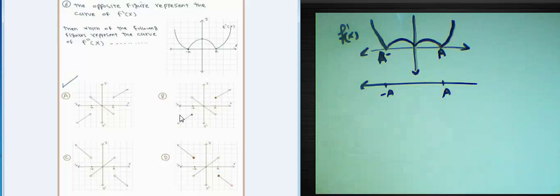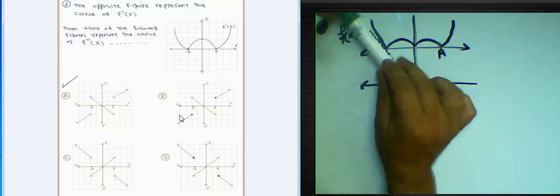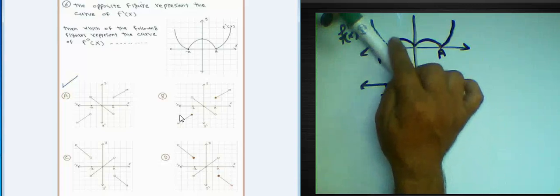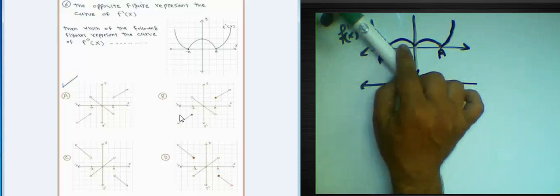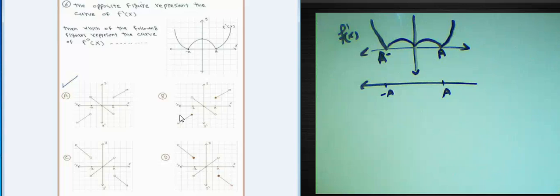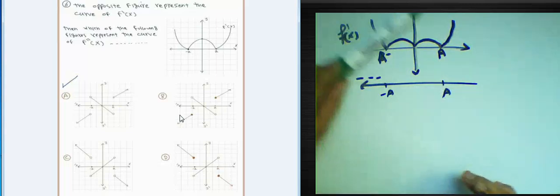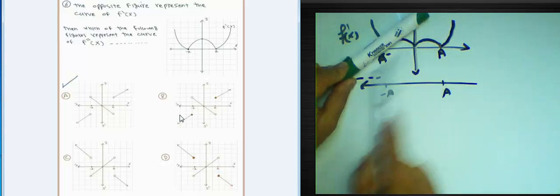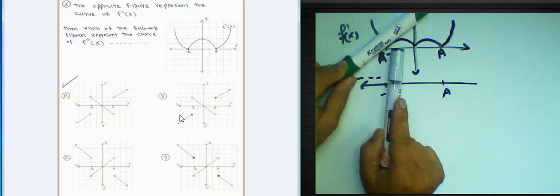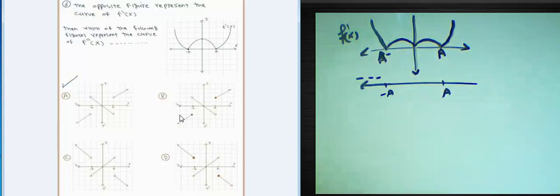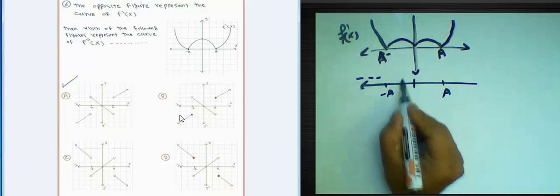We can find the slope of this curve here. It will make this angle obtuse, meaning negative, and the curve here, the slope of this curve, this angle will be what? Will be acute. This angle is acute for this curve, meaning positive.